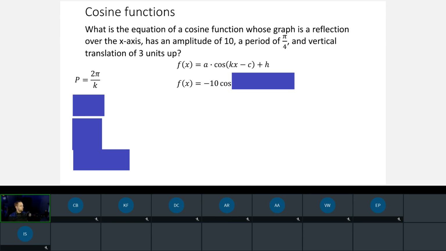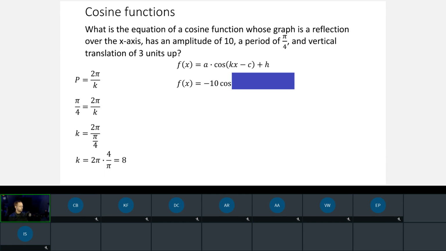And somebody already said the period is pi over 4. So I just plug that in, and then we solve for K. I'm going to just flip-flop K and pi over 4, a little math trick. And then I'm going to flip and multiply: 2 pi times 4 over pi. And then I get 8.